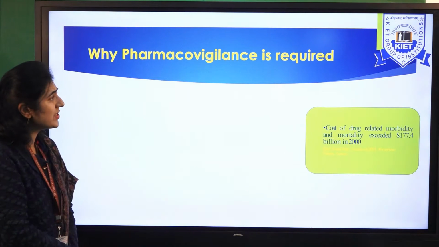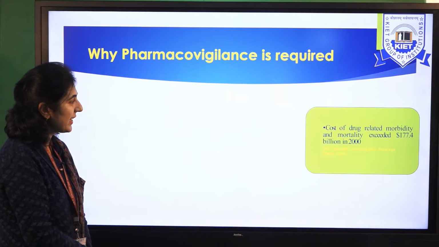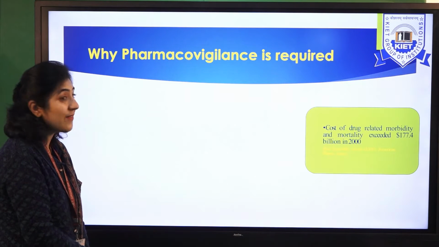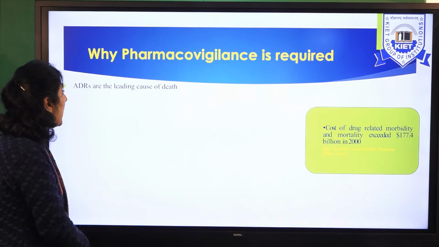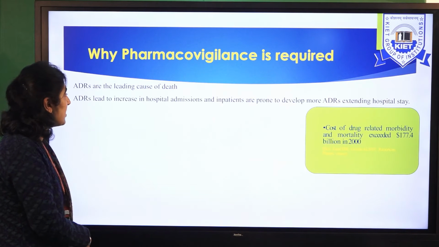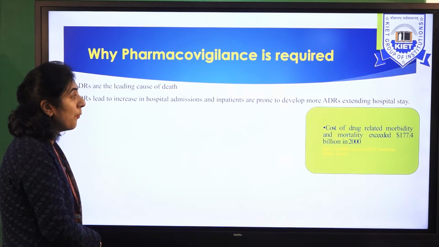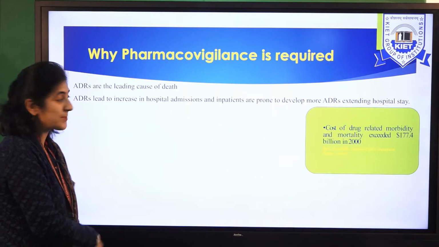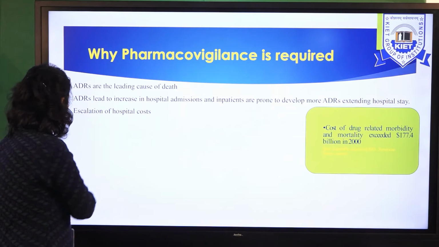Now, why is pharmacovigilance required? The cost of drug-related morbidity and mortality exceeded $177.4 billion in 2000. ADRs have been a leading cause of death. ADRs lead to increase in hospital admissions, and patients are prone to develop more ADRs, which will extend the hospital stay and escalate hospital costs.